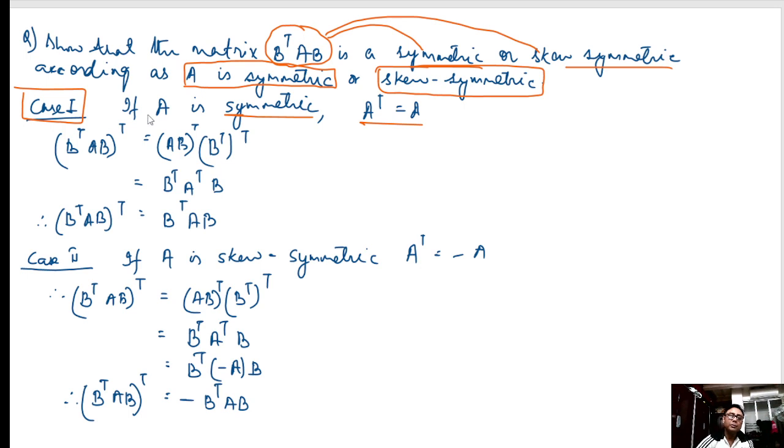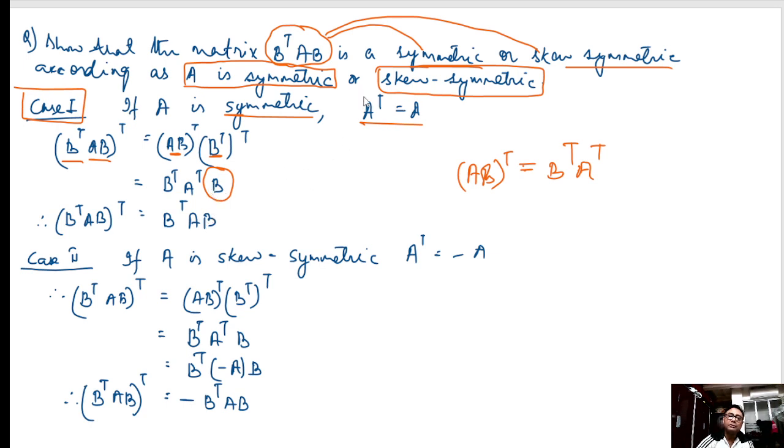Now let us do the transpose of this matrix. Isn't it looking as (A B) transpose? We know that (A B) transpose is B transpose into A transpose. So here we are doing B transpose into A transpose. Now again this can be written as B transpose into A transpose, and A transpose transpose becomes A. So here we are getting B transpose.